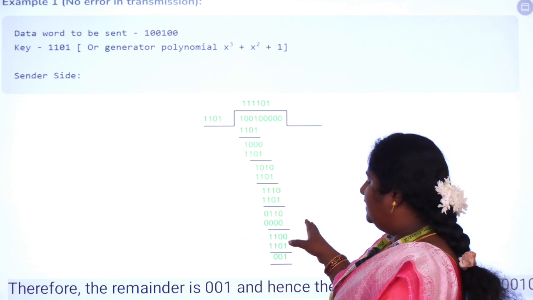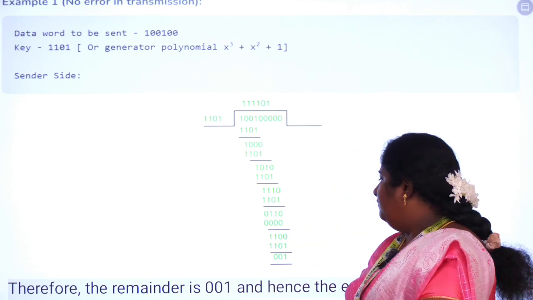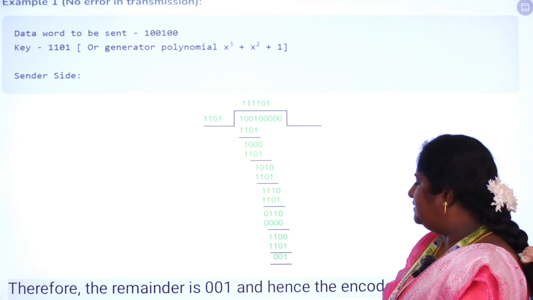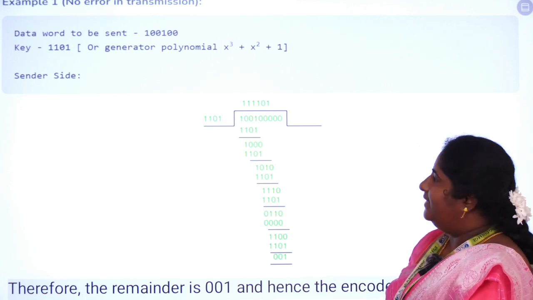In the same way the division is done, and we get the remainder 001. This is going to be appended at the end.